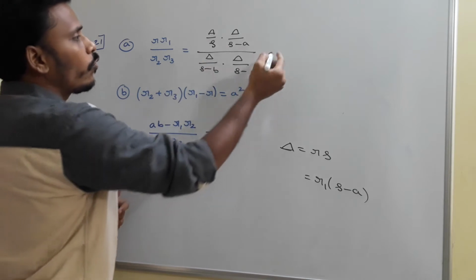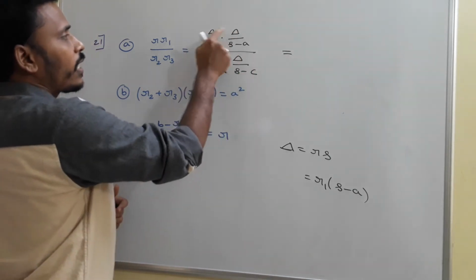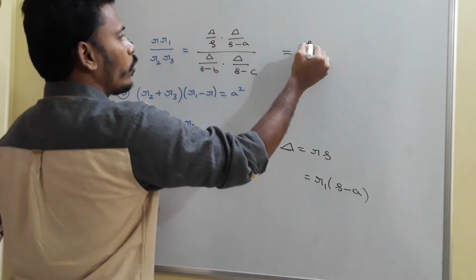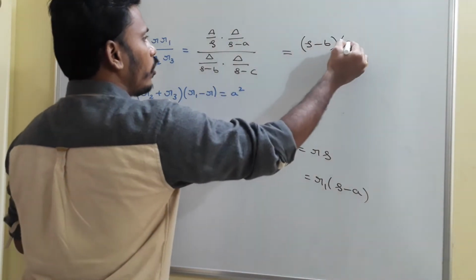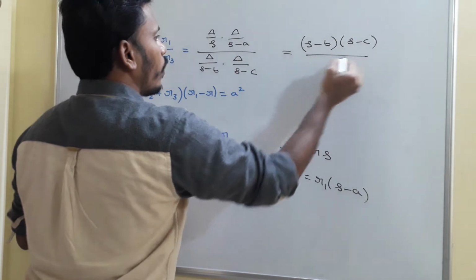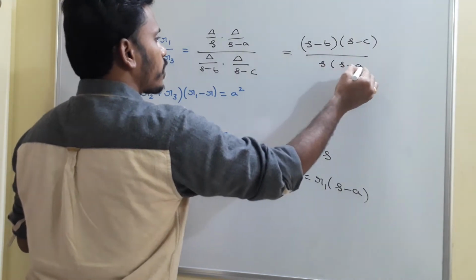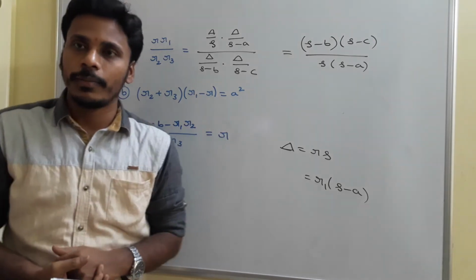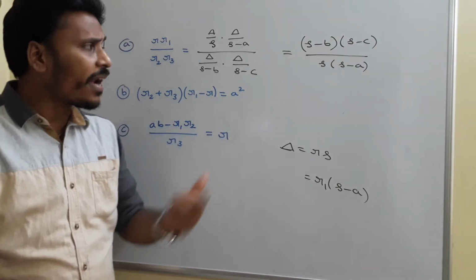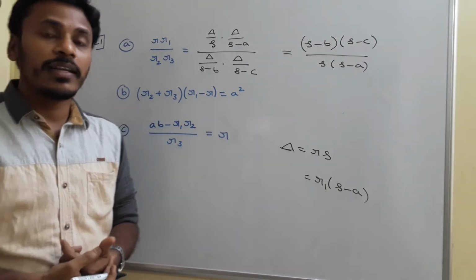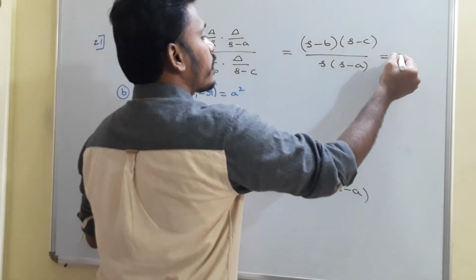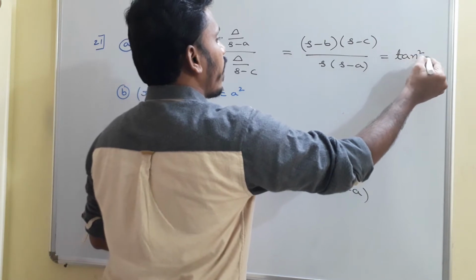From there R is delta by S, R1 is delta by S minus A, just replace. If you go for the simplification, delta into delta is delta square, here again delta square, and if you rewrite you will get S minus B into S minus C divided by S into S minus A. And it is very clear that this is tan square A by 2 from the half angle formula.